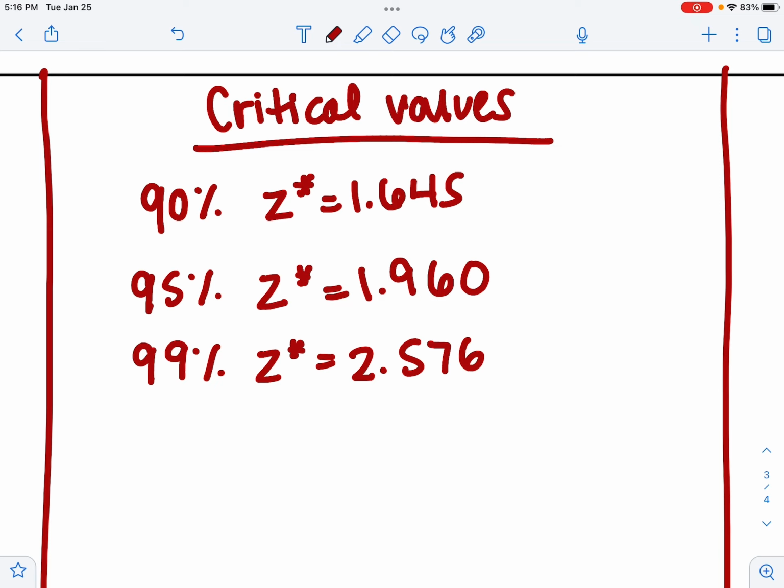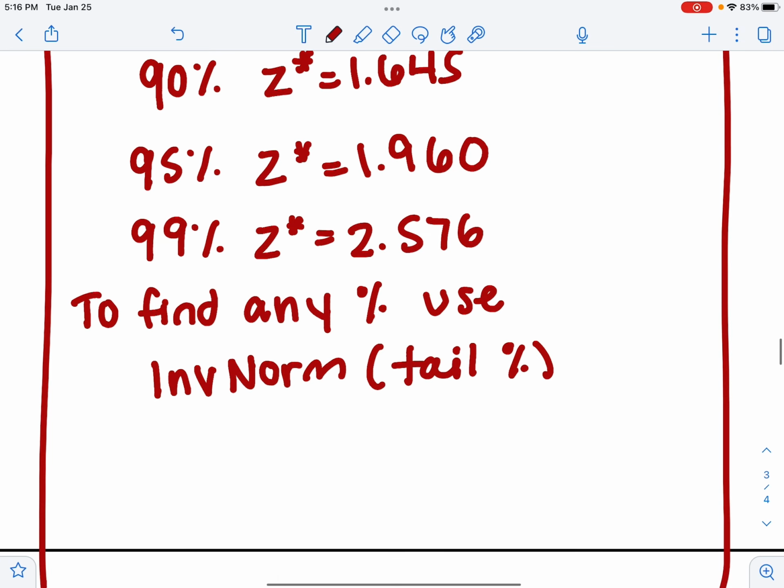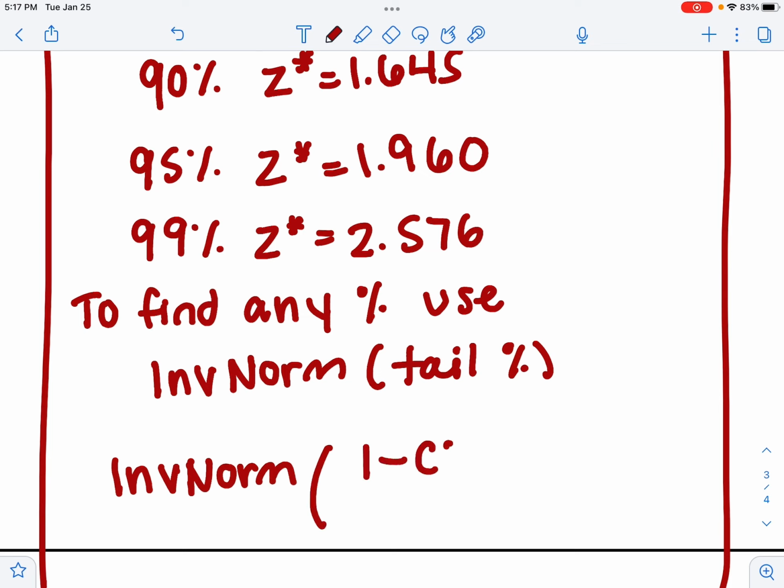Now, in order to find them for any percent that you might be asked, you can use inverse norm of your tails percentage, or inverse norm of 1 minus your confidence interval percentage, divided by 2.